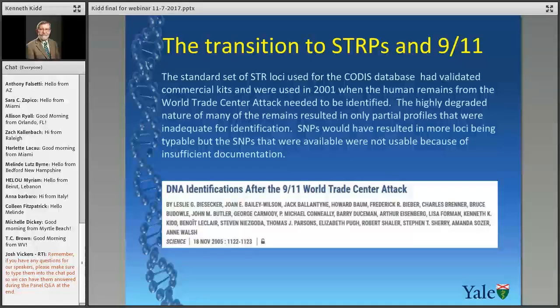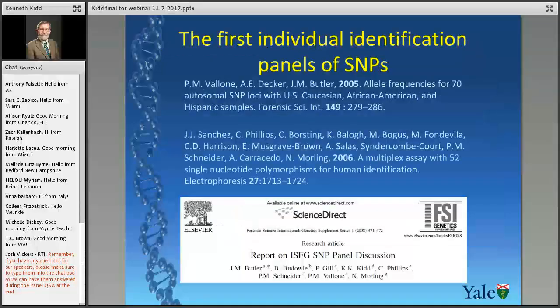would have resulted in more loci being typable, and SNPs were used, but they were not very informative because at that time there was really insufficient documentation. We learned a lot, and a paper by one of the committees overseeing the identification was published in Science in 2005.